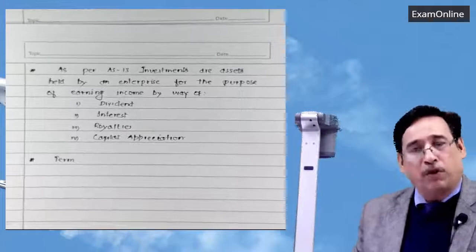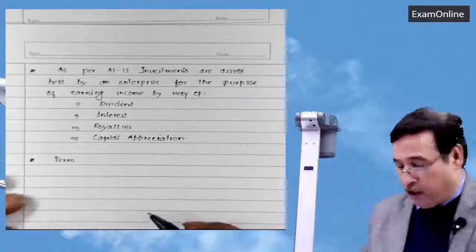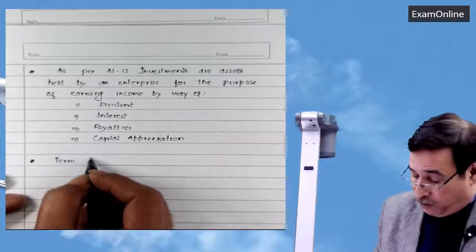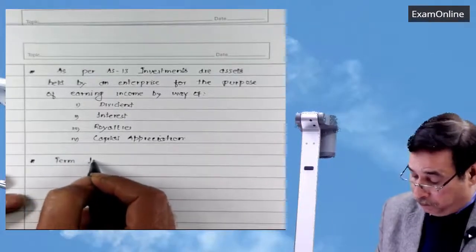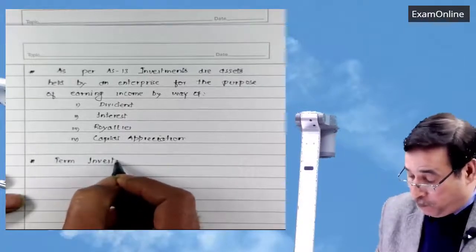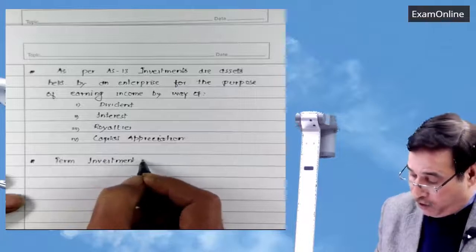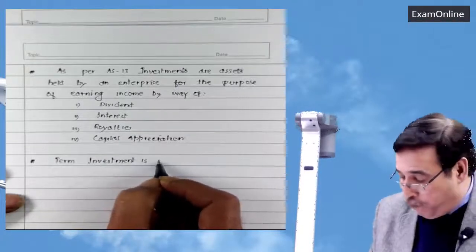So generally investments are in the form of financial rights. However, investment could have some other physical form also. That is exactly what we are going to see here. Term investment is a pretty wide term.